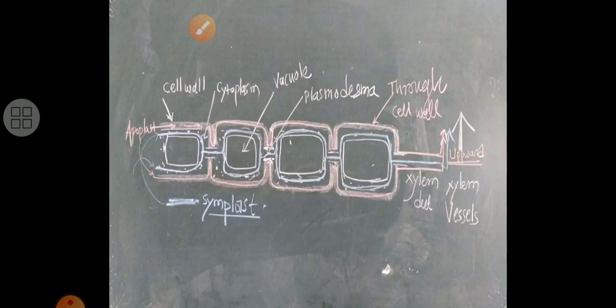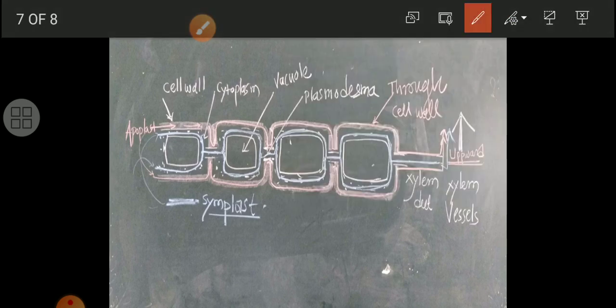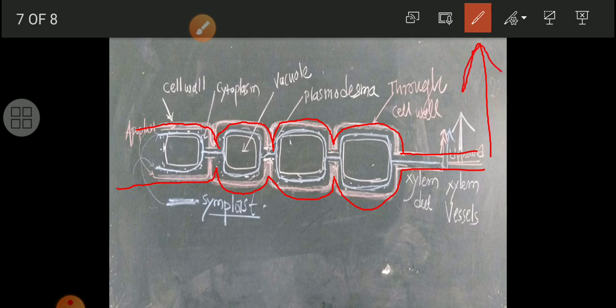My friends, here you will come to know the difference between symplast and apoplast, isn't it? Apoplast water moves in this direction, through the non-living part, that is in the space between the cell wall and plasma membrane, and then it goes in an upward direction.